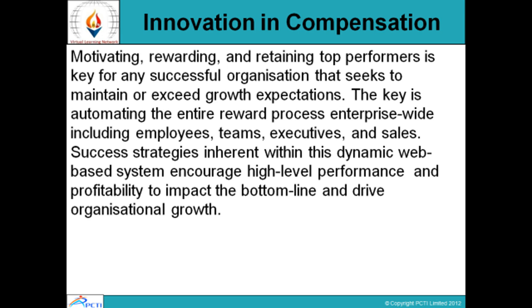Next is innovation in compensation. Motivating, rewarding and retaining top performers is key for a successful organization that seeks to maintain or exceed growth expectations.